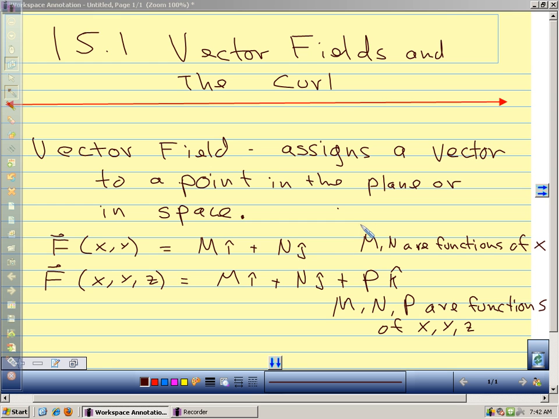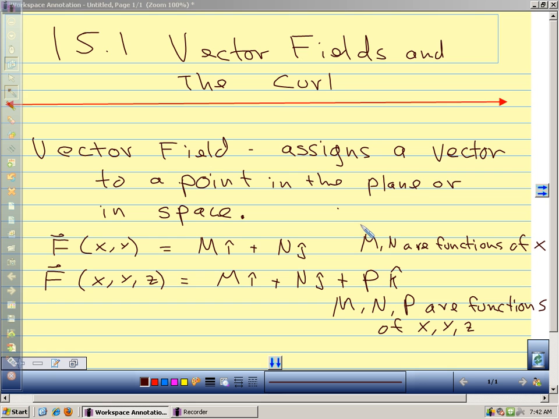So those would be a couple of examples that might be familiar with vector fields. So it's a slope field with magnitude? Sort of. We could get a slope field from a vector field, but it's a similar idea to a slope field. At each point we have a direction and a magnitude.